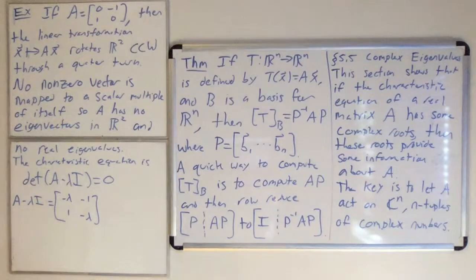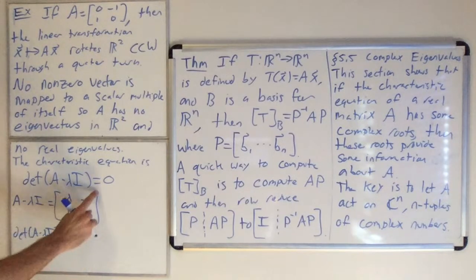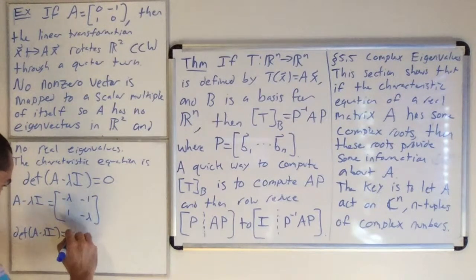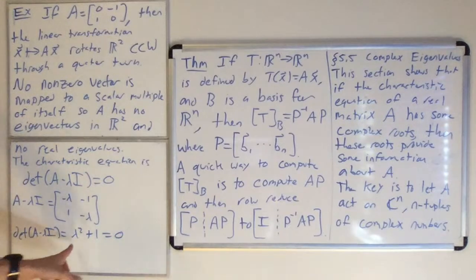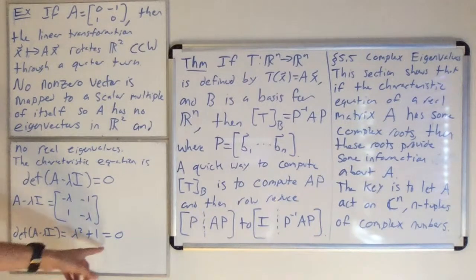And so we want to find its determinant. So it's lambda squared minus negative 1. So lambda squared plus 1, and we want to set it equal to 0 and solve this equation. Well, lambda squared plus 1 equals 0 has no real solutions.